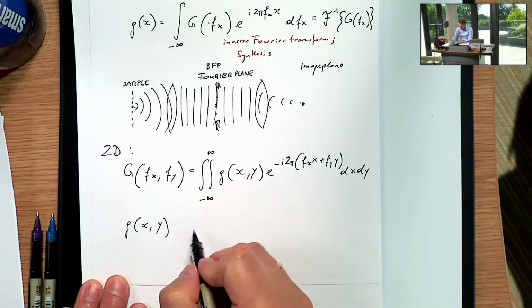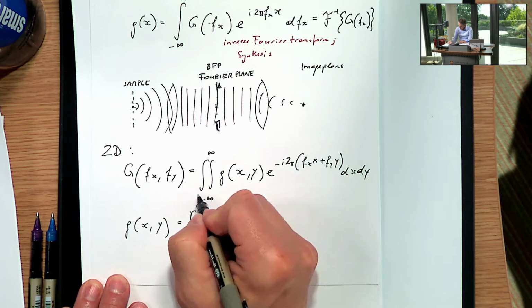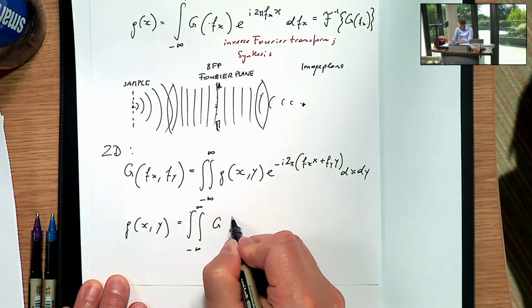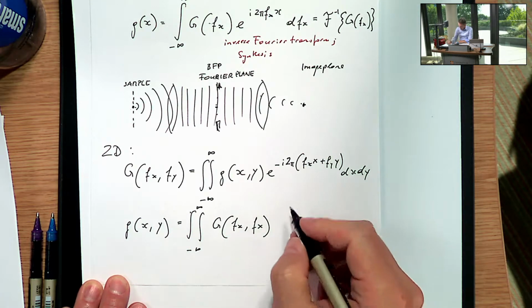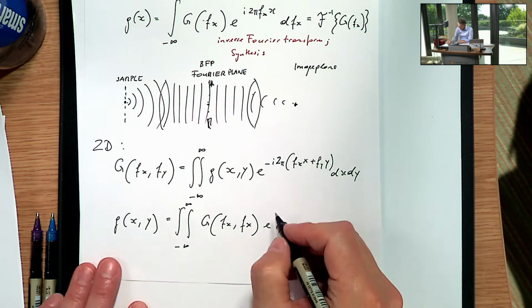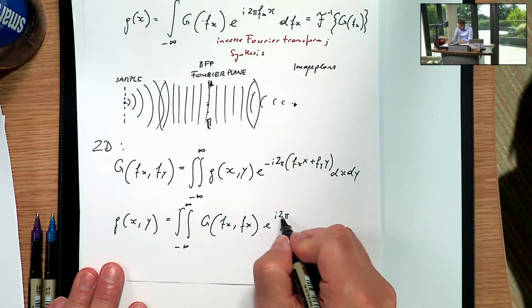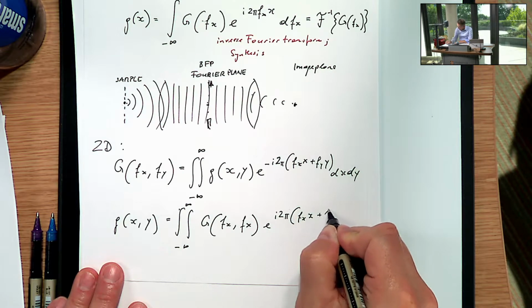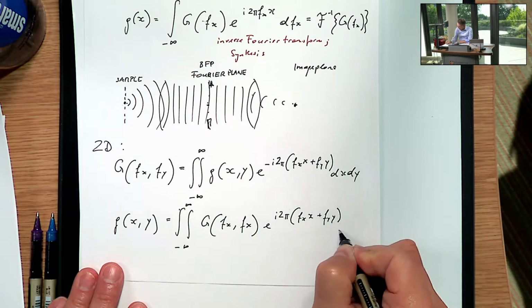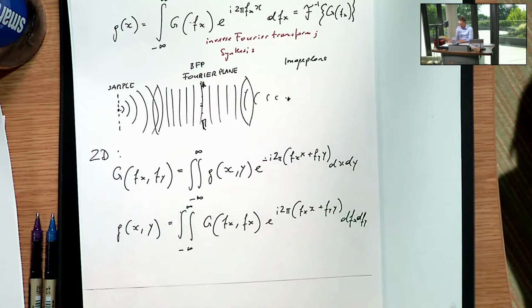It's taking the spectrum and summing up all the phases and amplitudes of the individual spectral components, df_x df_y. And again, the signs here are not important.